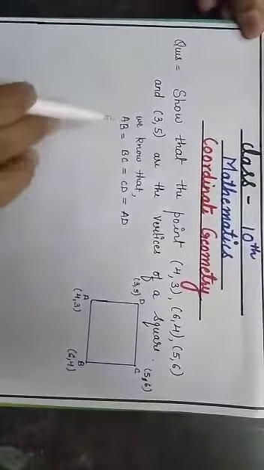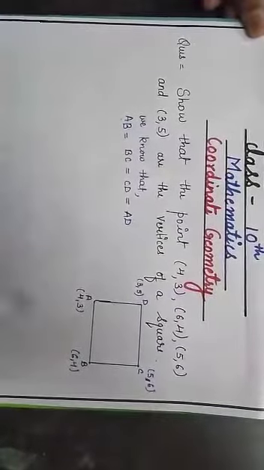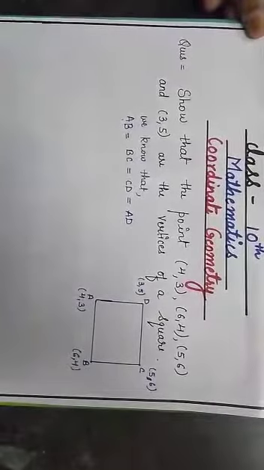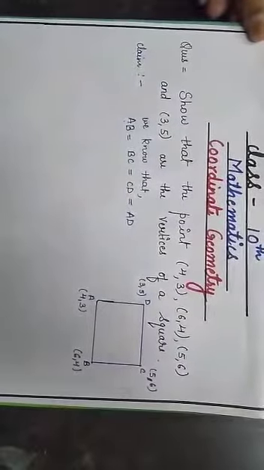Now we have to prove with the help of these points that these conditions are fulfilled. Then we can say that the points are the vertices of a square. So this is a claim, we have to prove it.